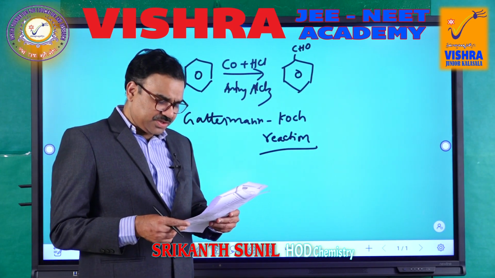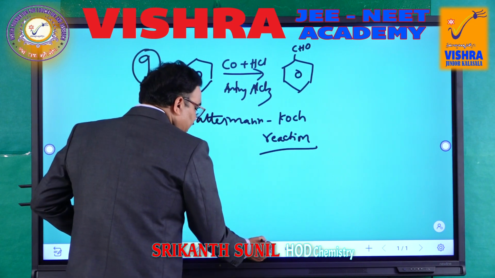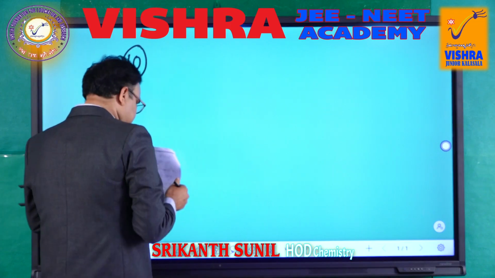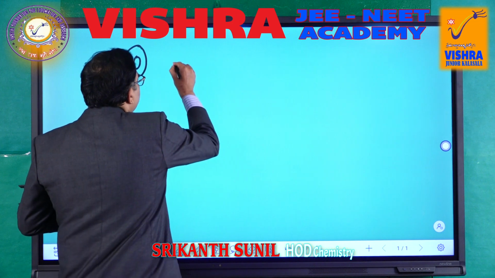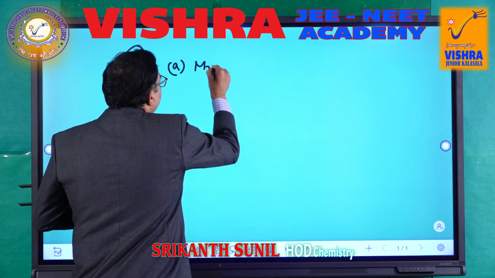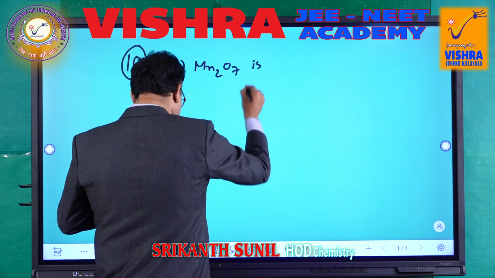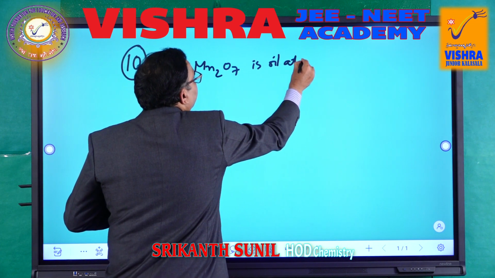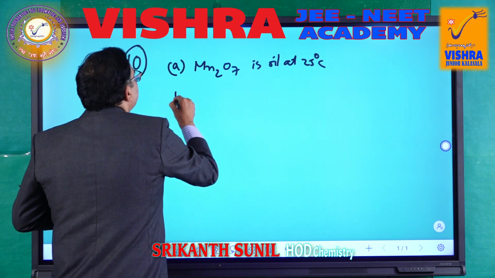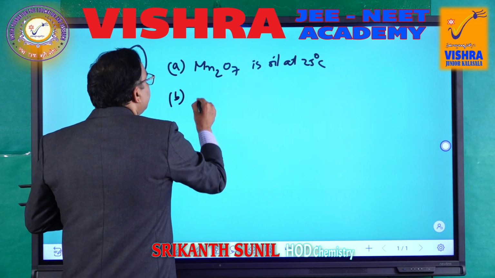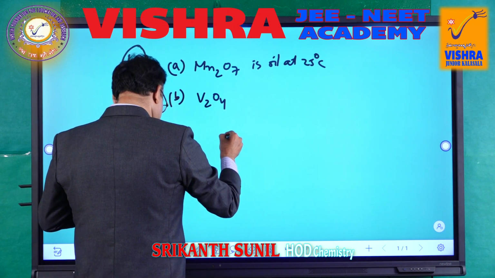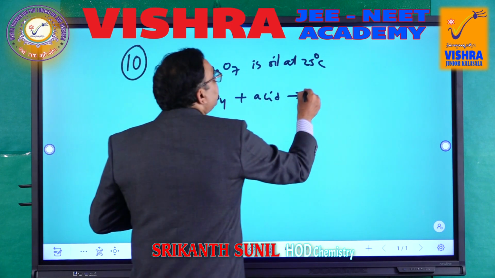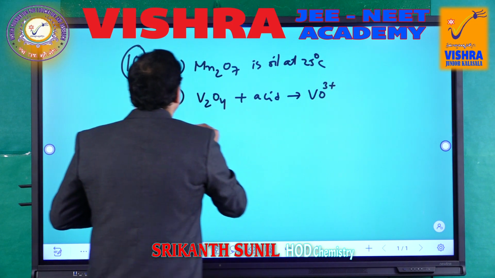Students, we will go to question number 10. In this question there are some statements, and we have to tell which are correct. First one, statement A: Mn2O7 is oil at room temperature. Second one, B: V2O4 reacts with acid, it is going to give you VO3+ ion.